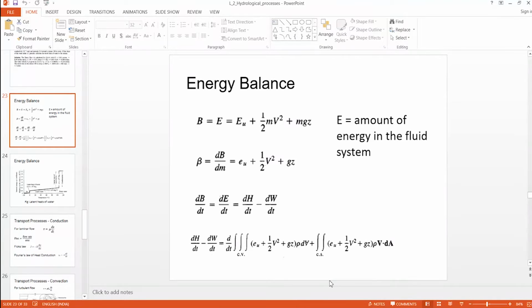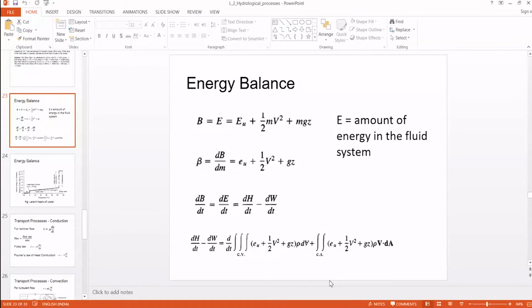So small e is equal to u plus half V square plus gz, where u is the internal energy, half V square is the kinetic energy per unit mass, and gz is the potential energy per unit mass. When you substitute that beta in Reynolds transport theorem, we will get the energy equation.